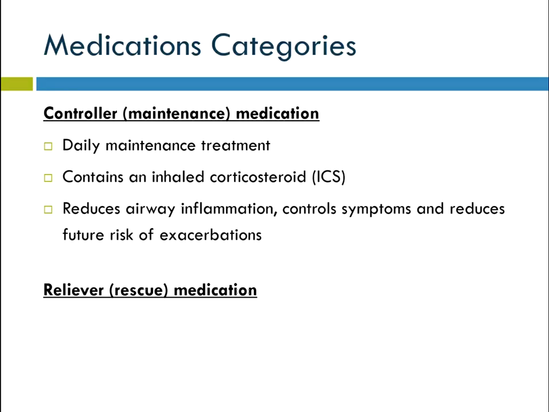So who should have a maintenance inhaler? Everybody who has asthma. Every single person. If you come across a patient who has asthma and does not have a maintenance inhaler, are they on appropriate treatment? No.